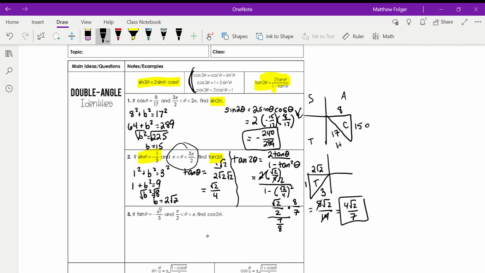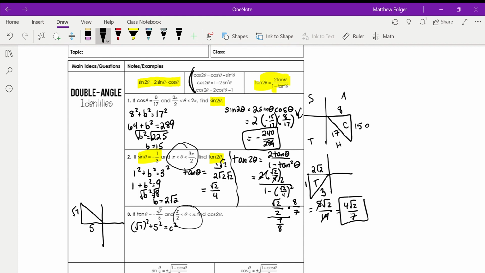So let's find the third side of this triangle. So it tells you it's between 90 and 180, which means that it's the second quadrant. And tangent is square root of 7 over 5. Okay, so setting up Pythagorean theorem, we have square root of 7 squared plus 5 squared equals c squared.